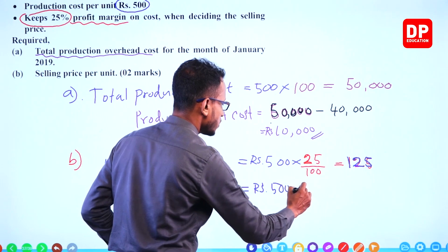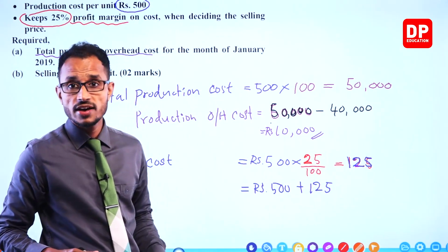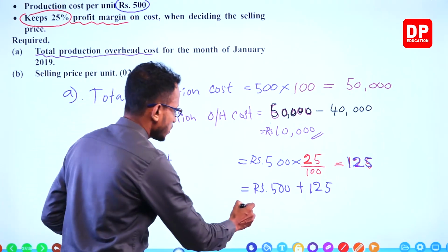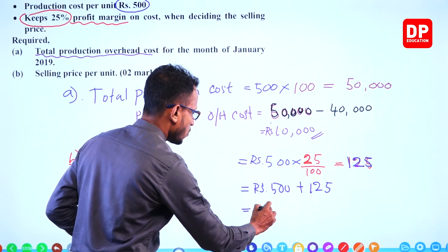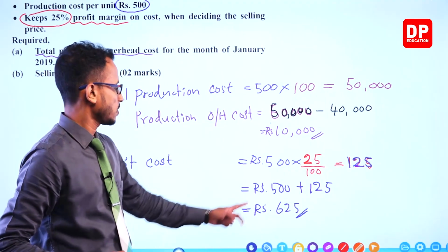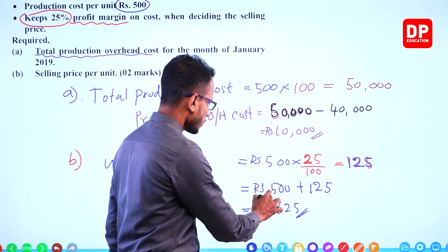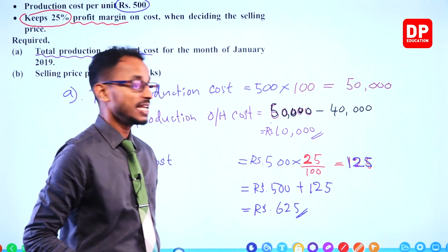So 500 plus they need to keep 125 as the profit. Then they have to sell it for 625. Got it? 500 plus 125, 625. That is the selling price.